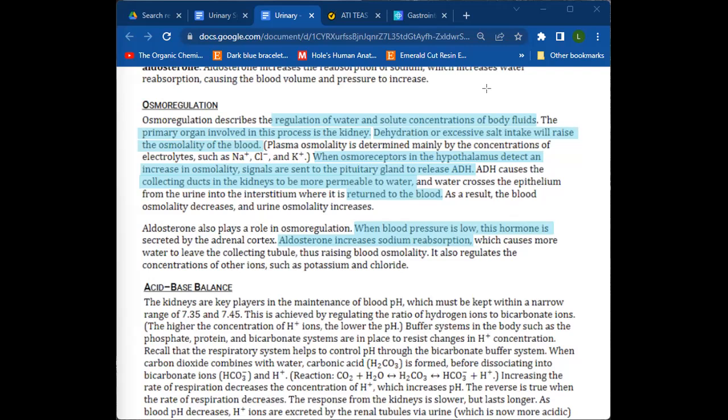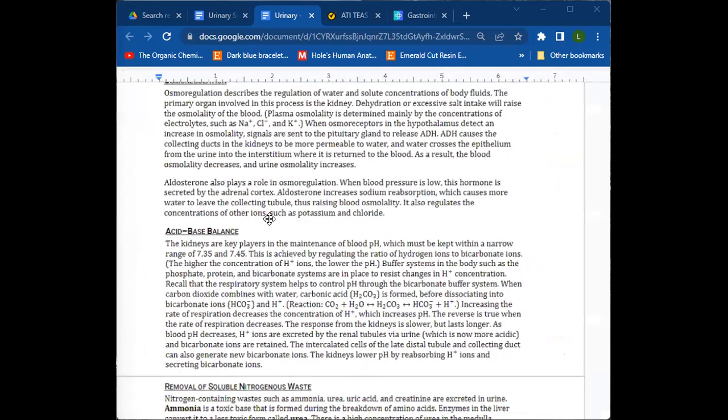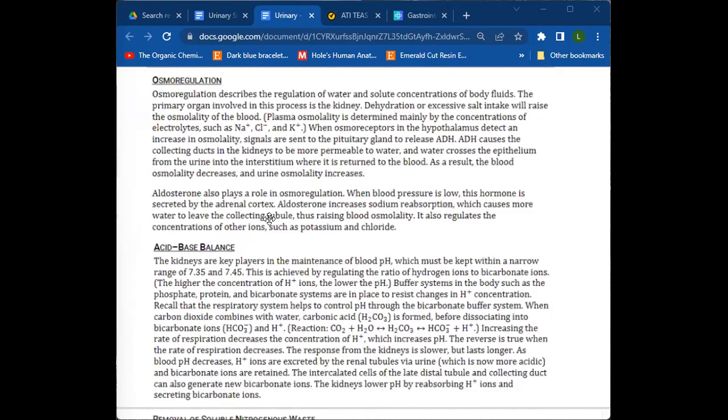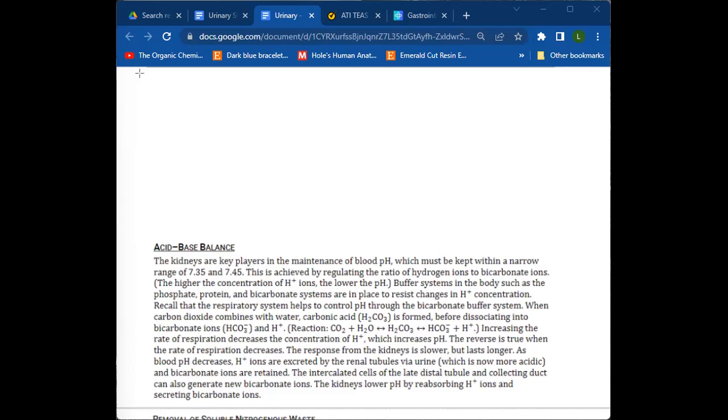Okay, now let's take a look at the acid-base balance. So we need to know that the kidneys and the respiratory system together will help control pH. So respiratory and then urinary. This partially relates to what we talked about with hyperventilation and hypoventilation and the bicarbonate. So let's rewrite this.